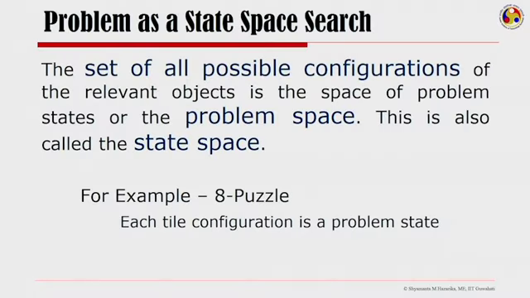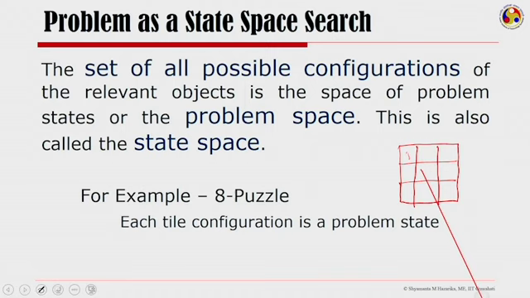Each tile configuration that I had drawn in the previous slide, like this 3 cross 3 matrix with numbers running from 1, 2, 3, 4, 5, 6, 7 and an 8 with one of them as empty, is a problem state.